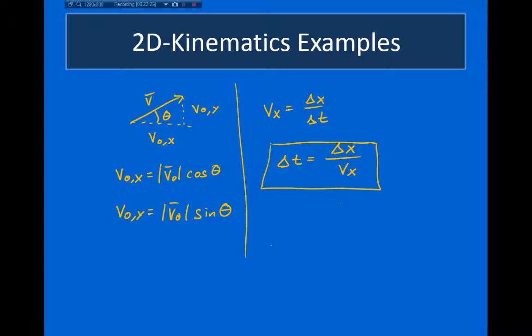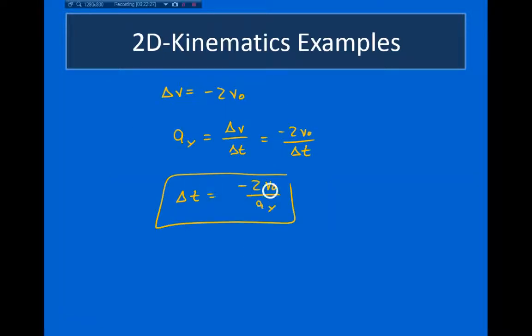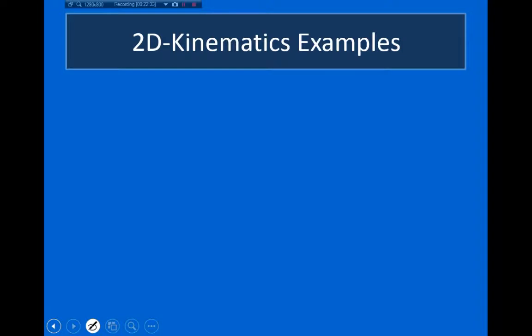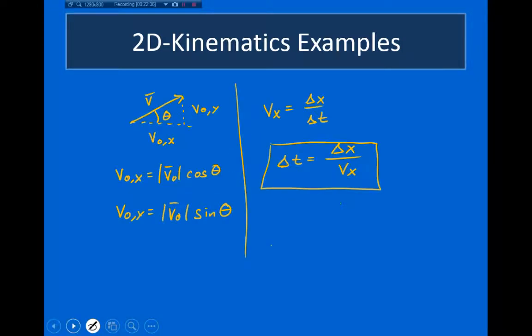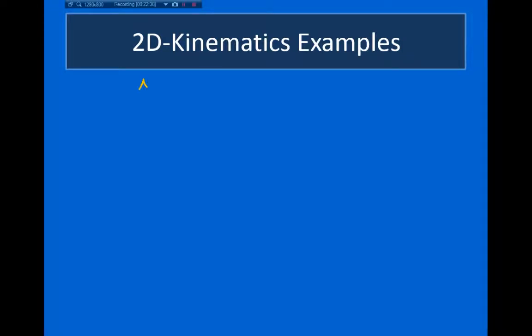We have that delta x over Vx is equal to 2 v0y, the y component of v0, over g, the acceleration due to gravity.